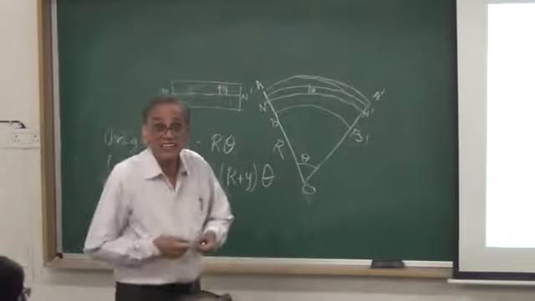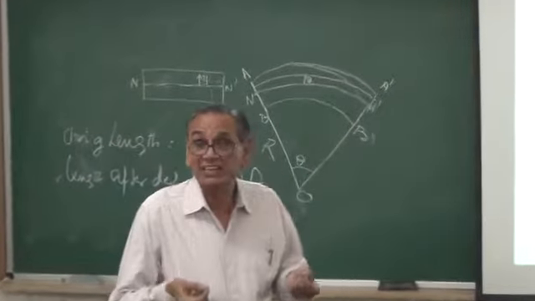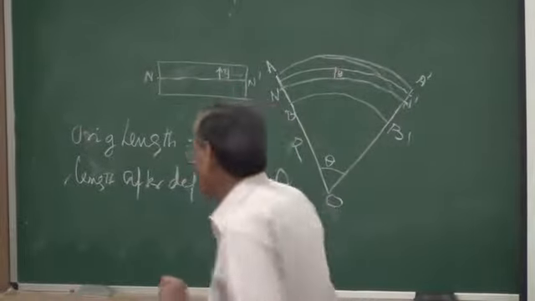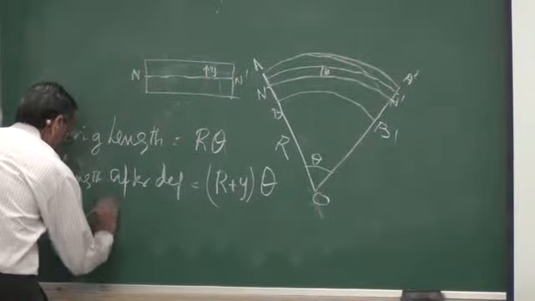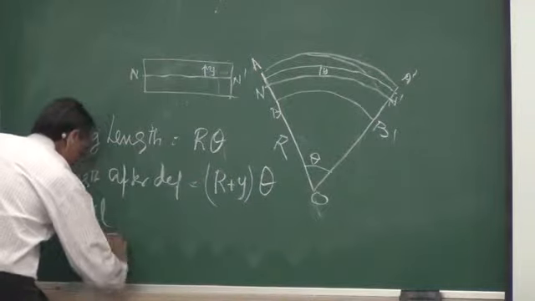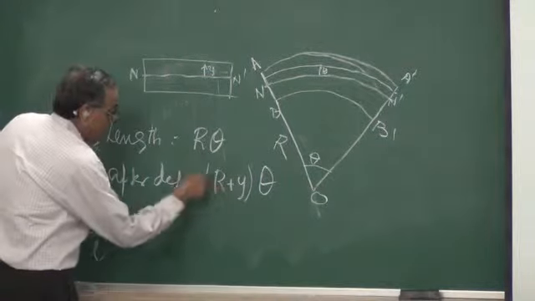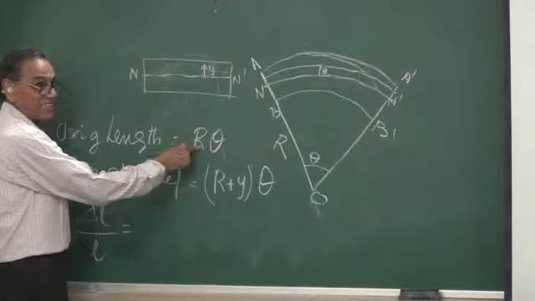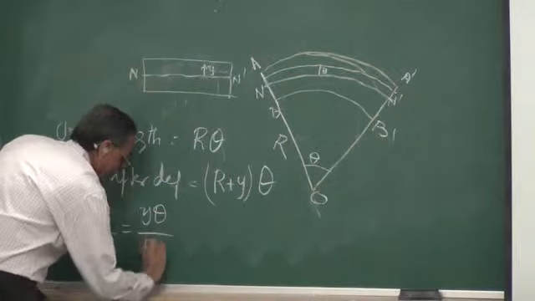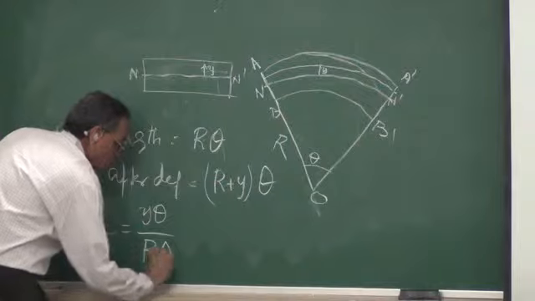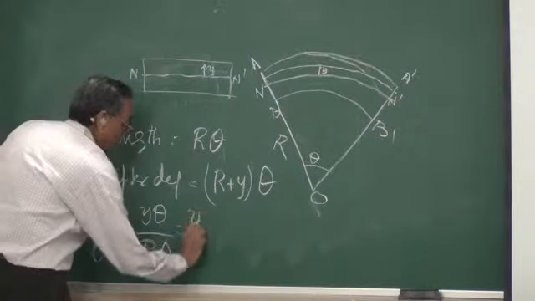So what is the increase in length by original length? The increase in length delta L by L is (r plus y) theta minus r theta, so y theta by r theta. That is y by r.